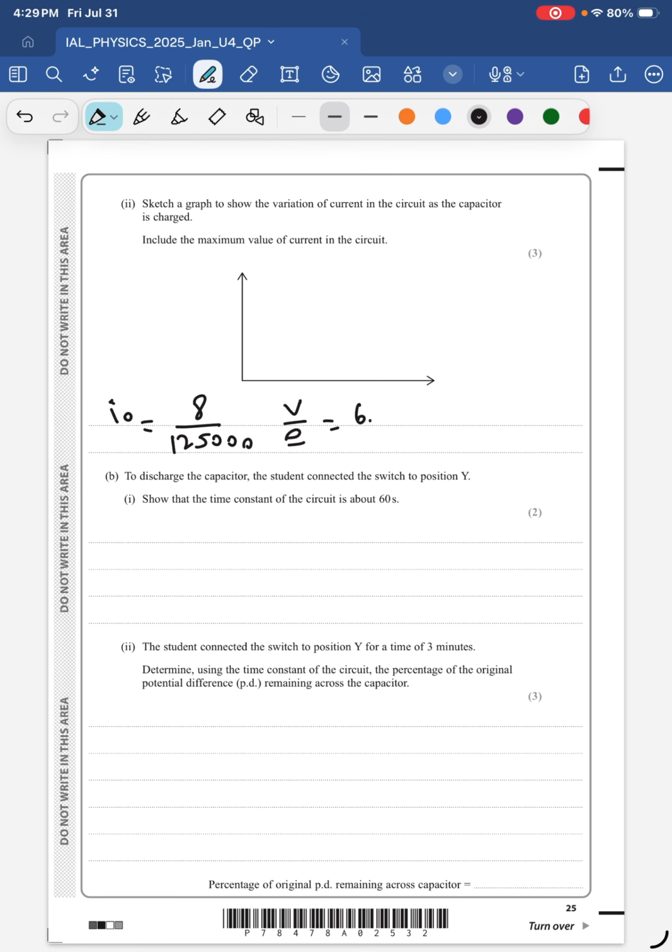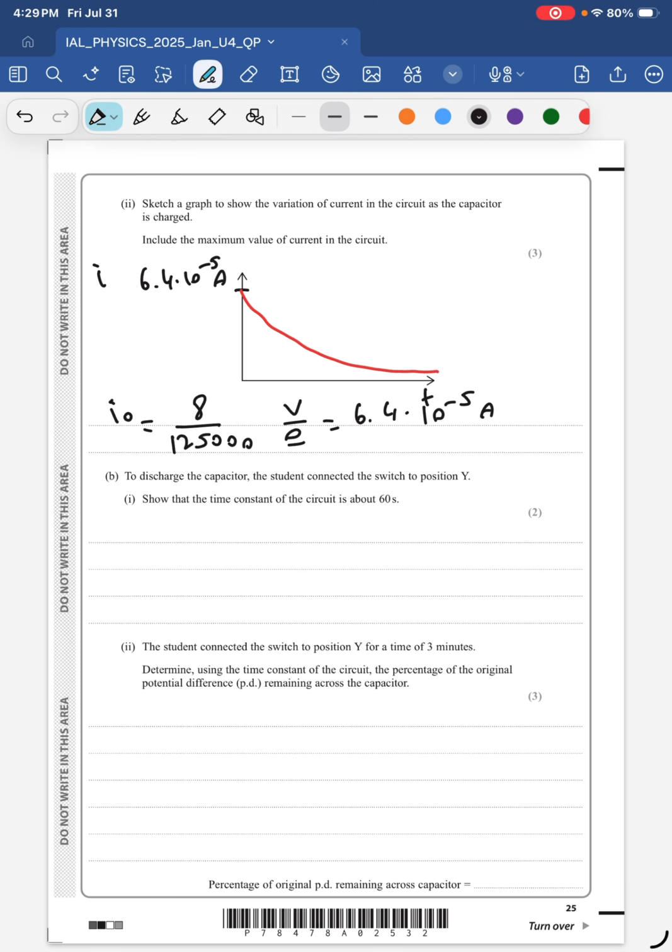That's 6.4 times 10 to the negative 5 amps. Let's put that there, and we will have a decay curve like this. So that's current, that's time.